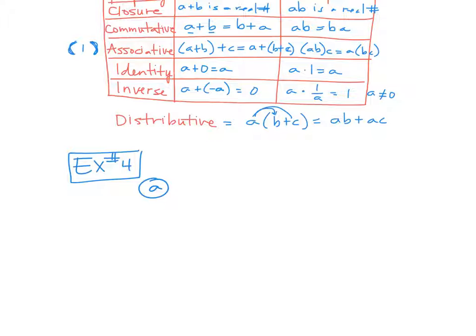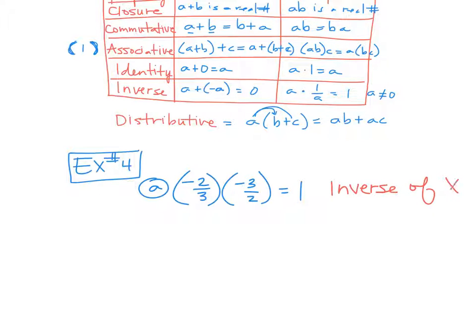If I give you negative 2/3 times negative 3/2 equals 1, which property is that? That is inverse of multiplication. So make sure you tell me addition or multiplication. You can do a times or a plus just to shorten it up a little bit. That's fine. Just make sure I can tell if it's an X or a T.